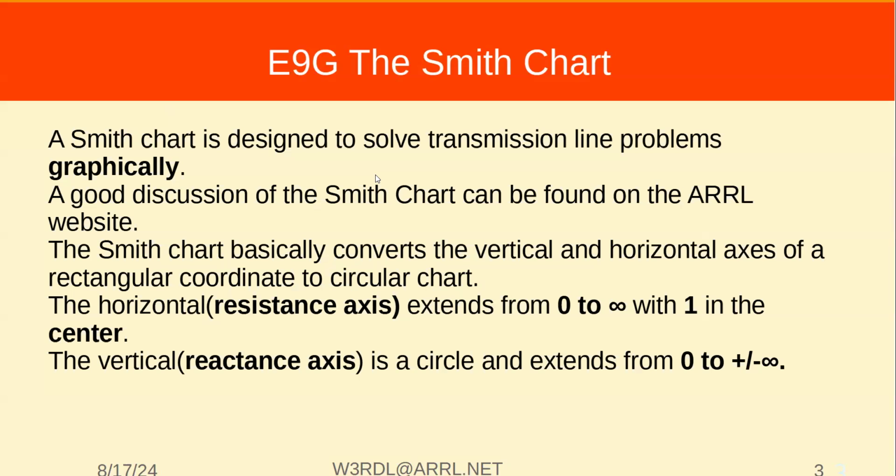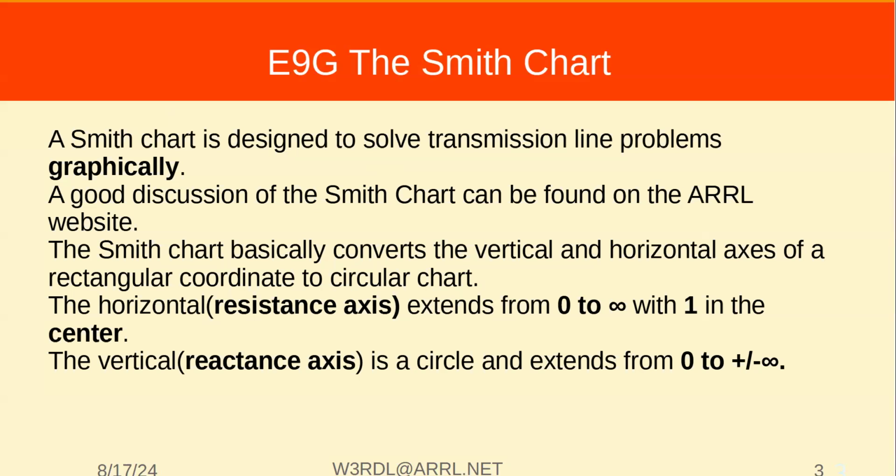So basically, the Smith chart came about by this guy, Philip something Smith, who I think was a Bell Labs guy. And he developed it to help in solving transmission line problems. So it turned out to be a much better tool than just plotting stuff on rectangular coordinates. Remember when we did that and we plotted the real and imaginary?